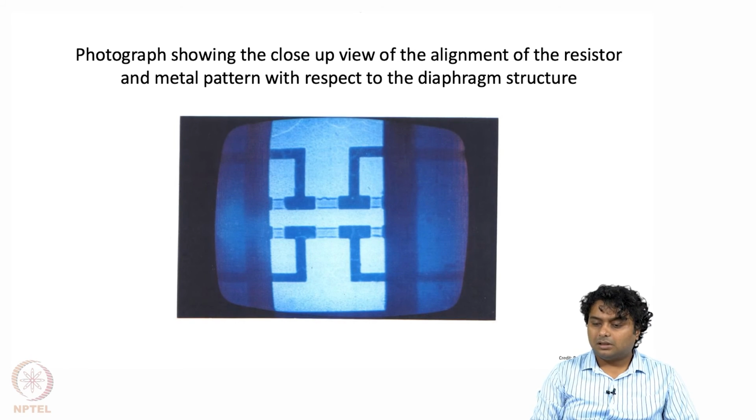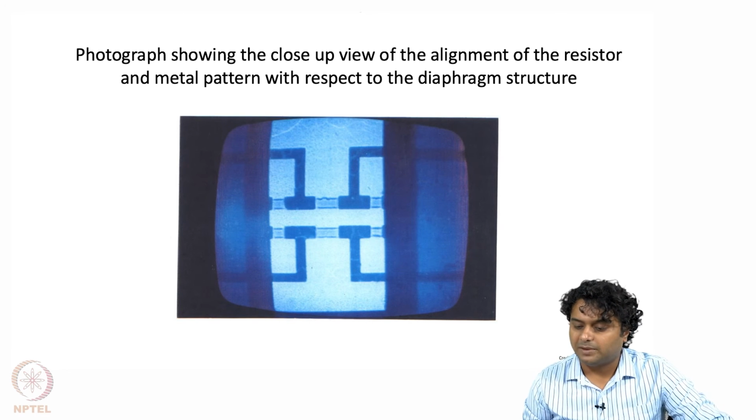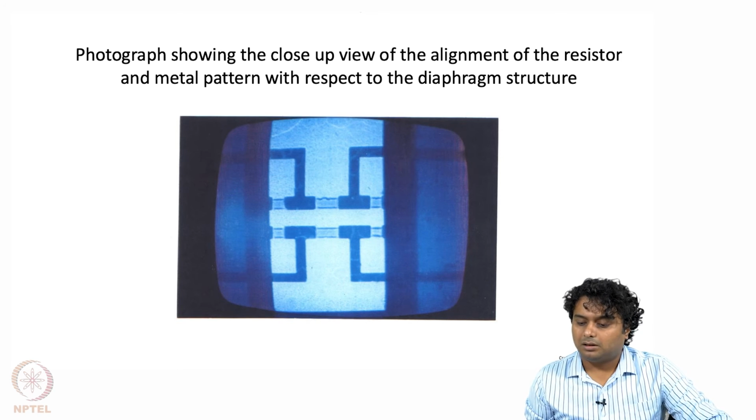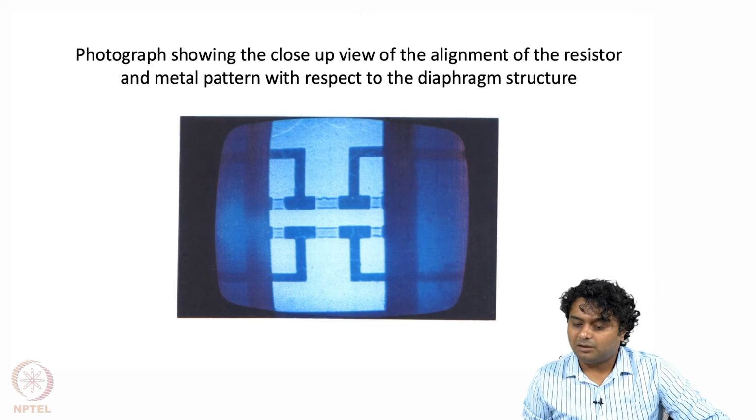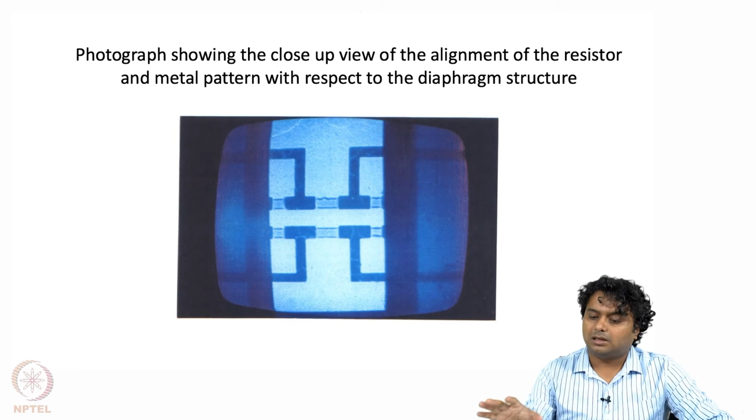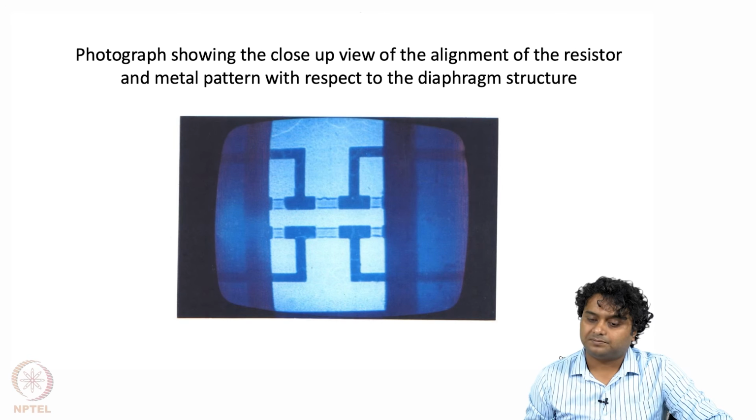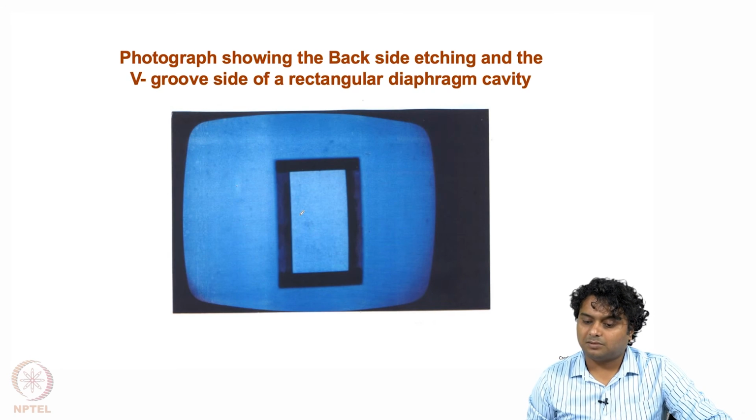So this is the real image which was made by Professor Kainbhatt from IISc Bangalore. This is the real optical image of the top side of the diaphragm, and these are the piezoresistors. Here you can see these are the piezoresistors, and this is from the bottom side, and here you can see the cavity.